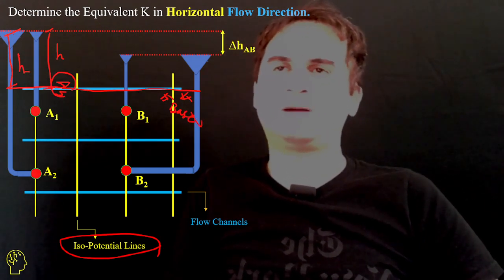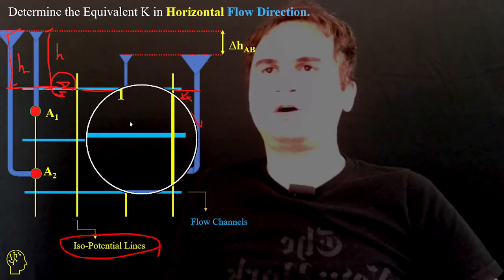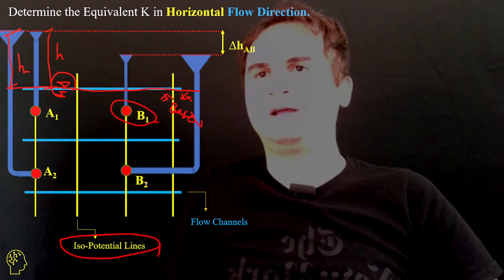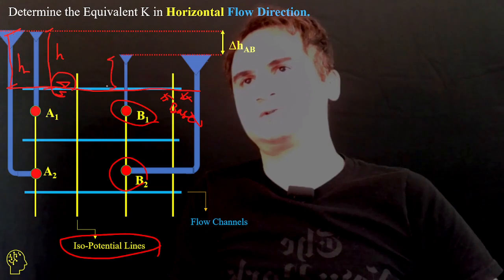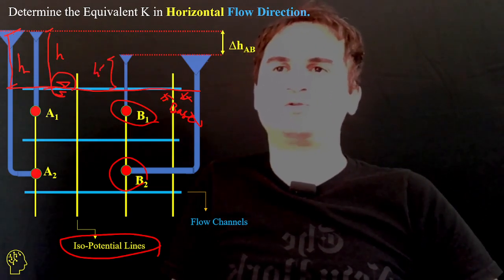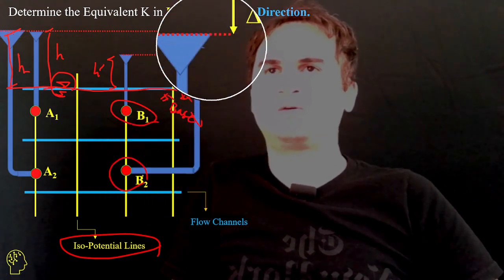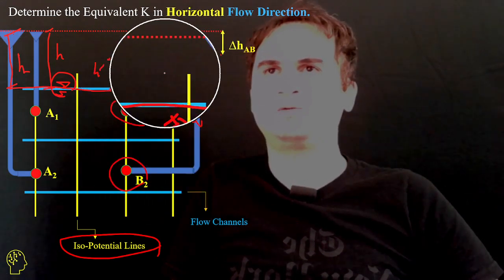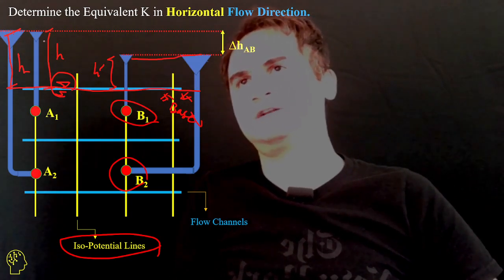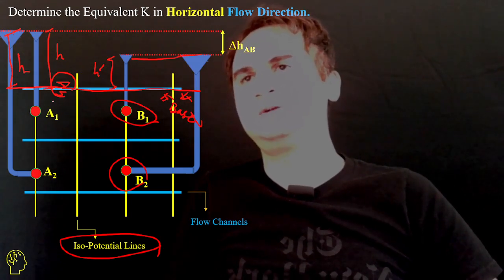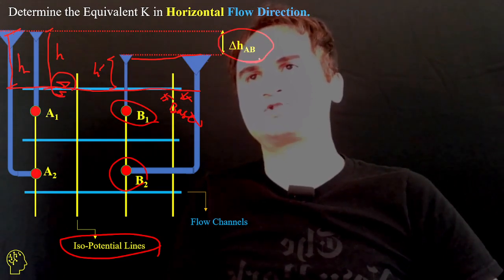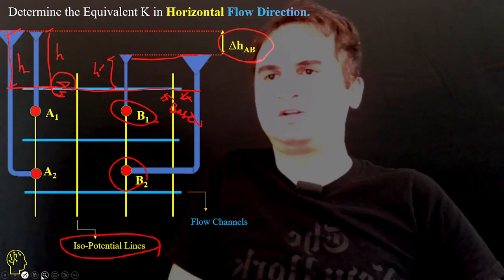The same story applies to the other isopotential line, where B1 and B2 stand, so this is like, for example, H prime. If you go to B2 based off our reference, you can see the same amount of water standing at these two lines. And definitely from A to B, either A1 to B1, there is this much total head loss in our travel.